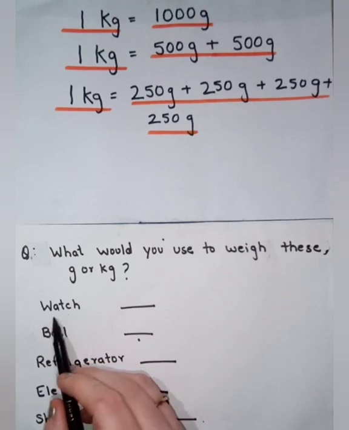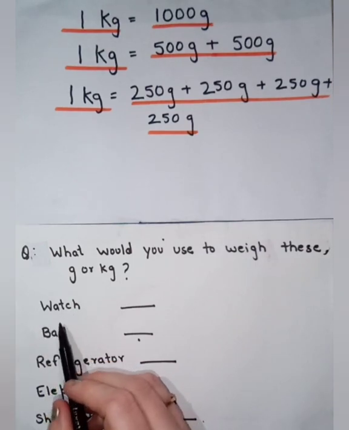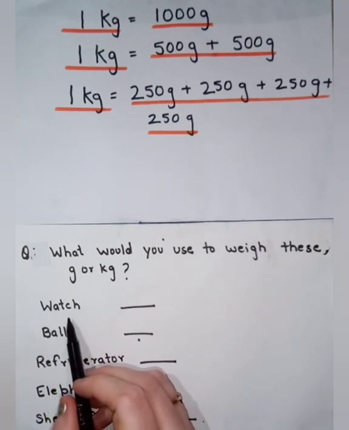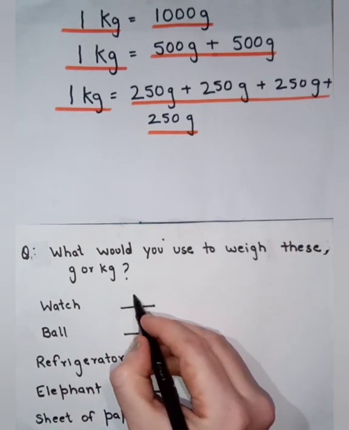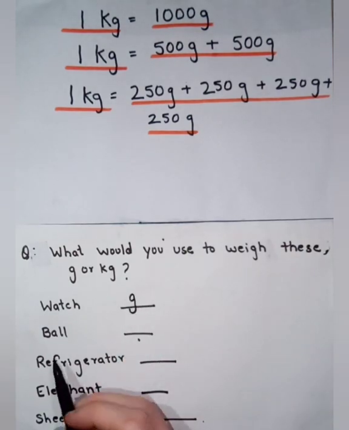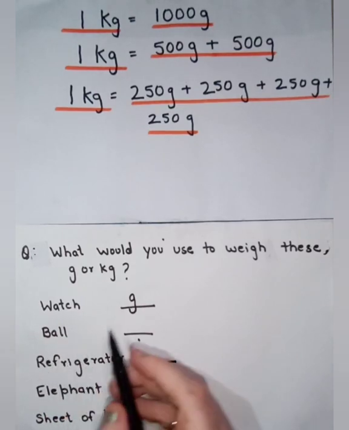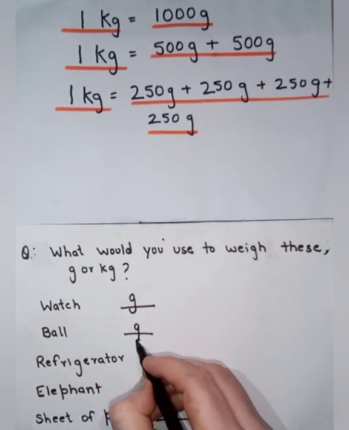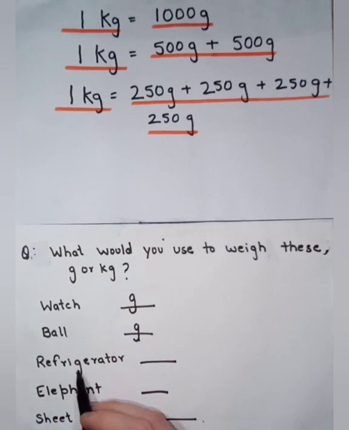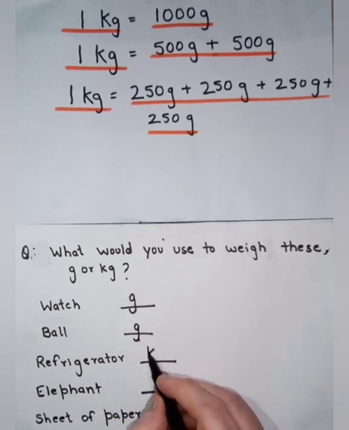First one is watch. So watch is heavy or light? It is light. So we will write gram. Next one is ball. Again, ball is light. We are going to write G, gram. Refrigerator. You know refrigerator? So it is heavy. So we are going to write kg.